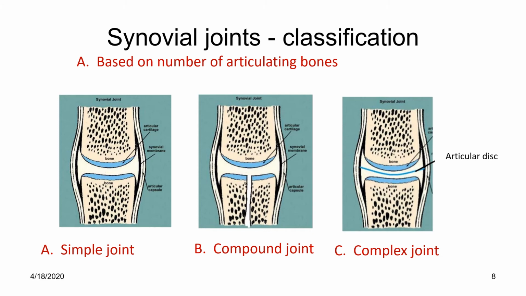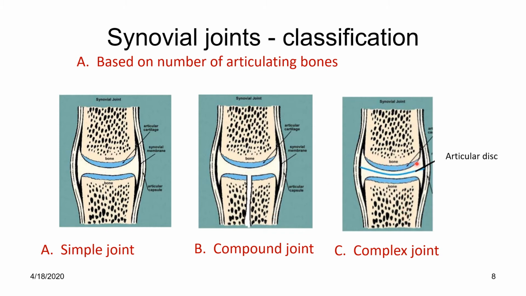Let us review the synovial joints based on number of articulating bones. Here you are seeing only two bones articulating. This is a simple joint. Here how many bones you are seeing? 1, 2, 3. So this is a compound joint. See the image here.